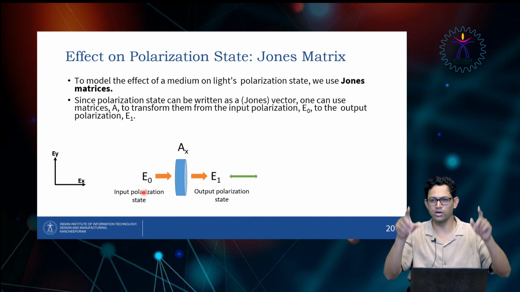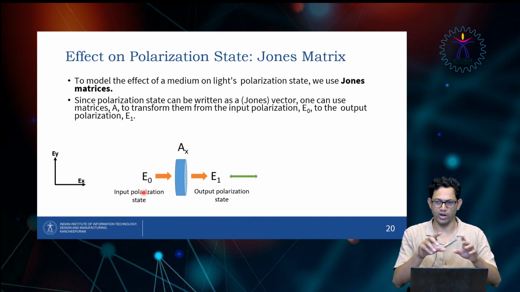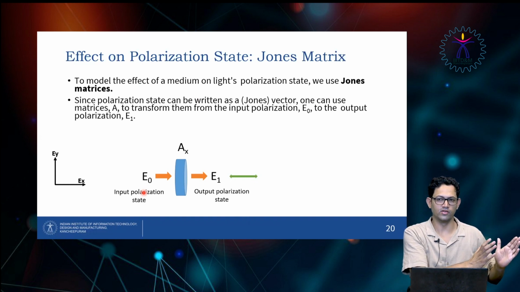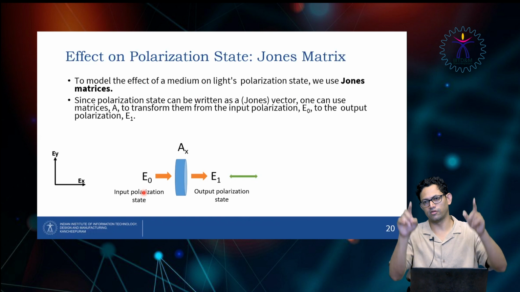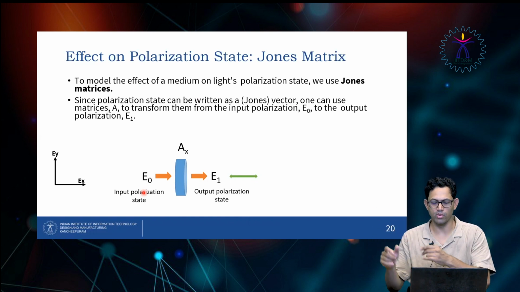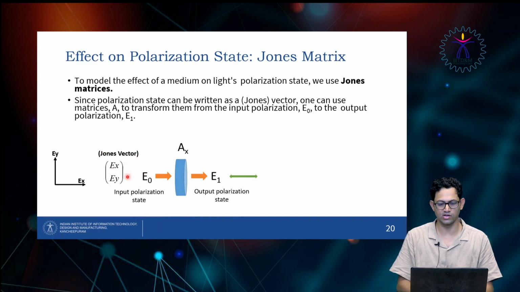So how do I convert it? I convert it using a matrix, a 2 by 2 matrix. Okay, so I need to transform my initial matrix of 2 by 1 with a matrix of 2 by 2, and what I get eventually is actually 2 by 1. Okay, for example, now let us see, for example, my input polarization over here is given by Jones vector, that is Ex and Ey.